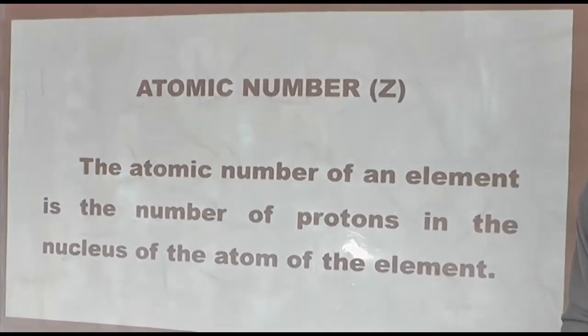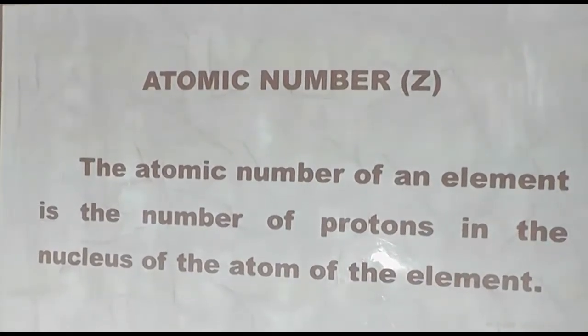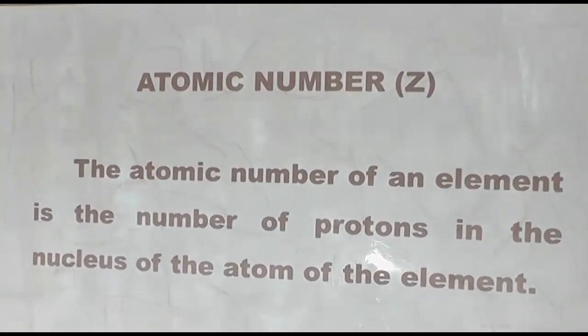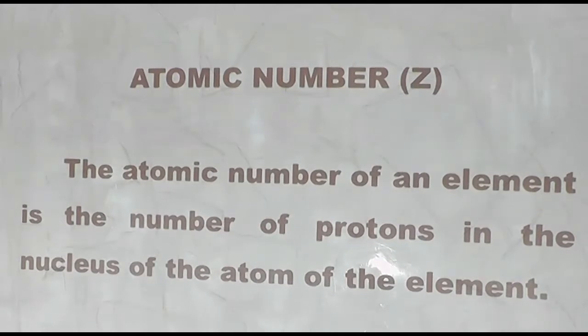Now let us quickly look at the atomic number. The atomic number is usually represented with capital letter Z. The atomic number of an element is the number of protons present in the nucleus of that atom.